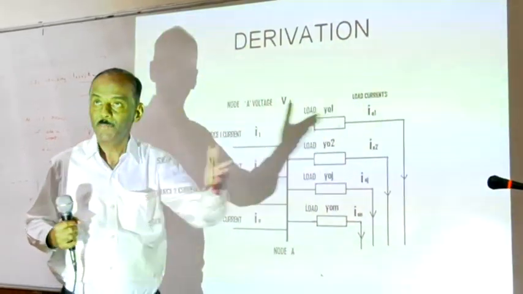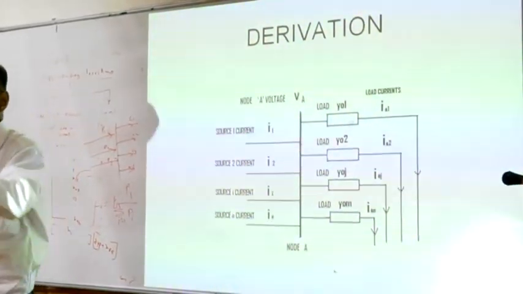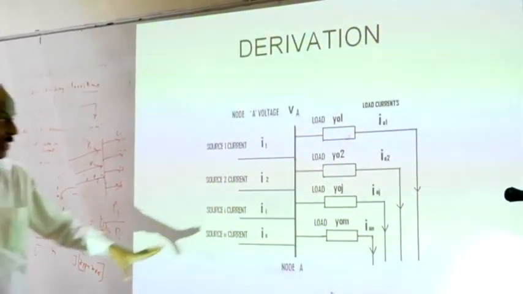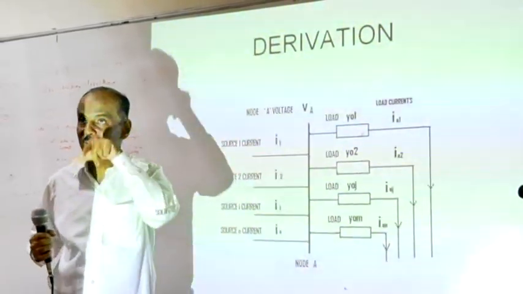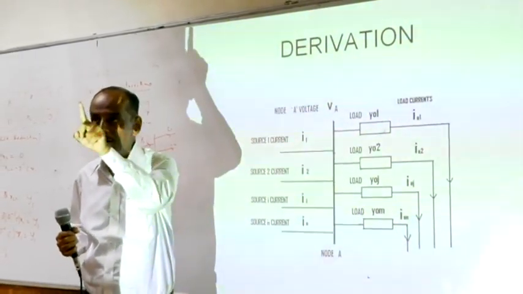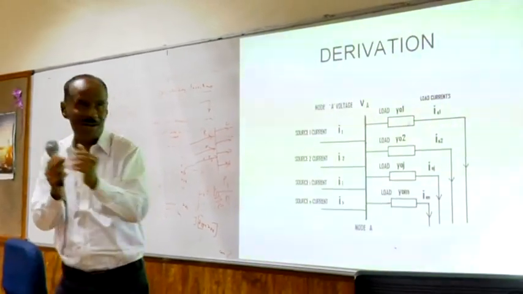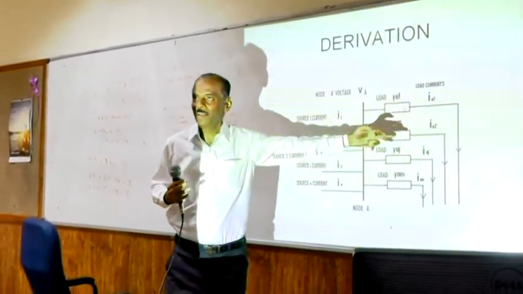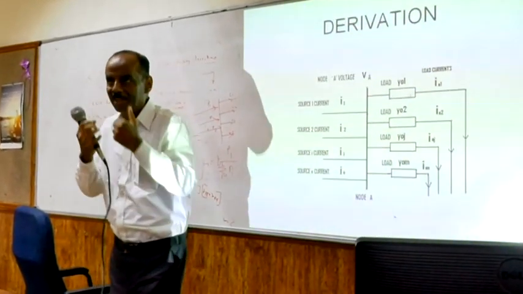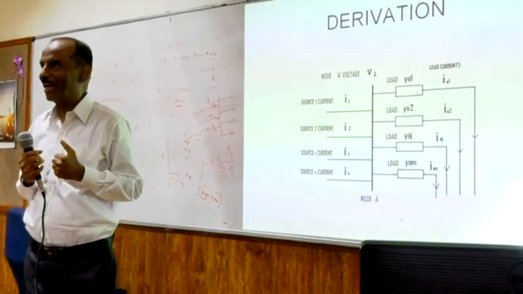Mutual is there. Am I correct? In a network, mutual is there. But whatever may be the case, this particular node is going to face only one admittance. Admittance means opening. How much is open to receive the charges? The admittance is large, more charges, more current.